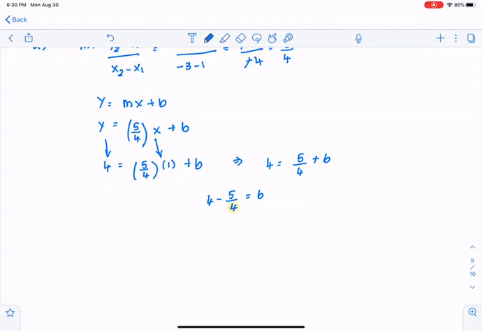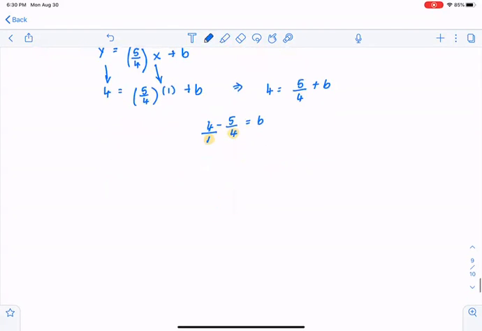I have 4 over 1, and the common denominator between 1 and 4 is 4. So I'm going to multiply and divide the first term by 4. So I would have 4 times 4, 16 in the numerator, divided by 4, minus 5 over 4.